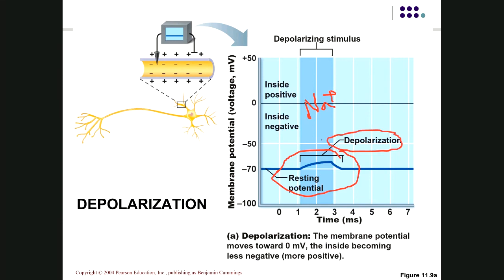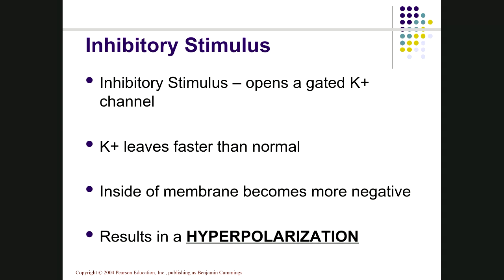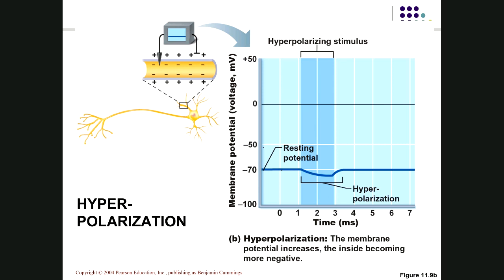But look at this. What happens if we do an inhibitory stimulus? Well, an inhibitory stimulus is going to open a potassium channel. So here's my graph again. And remember, potassium's on the inside. So if I open a gated potassium channel, potassium's going to rush out.